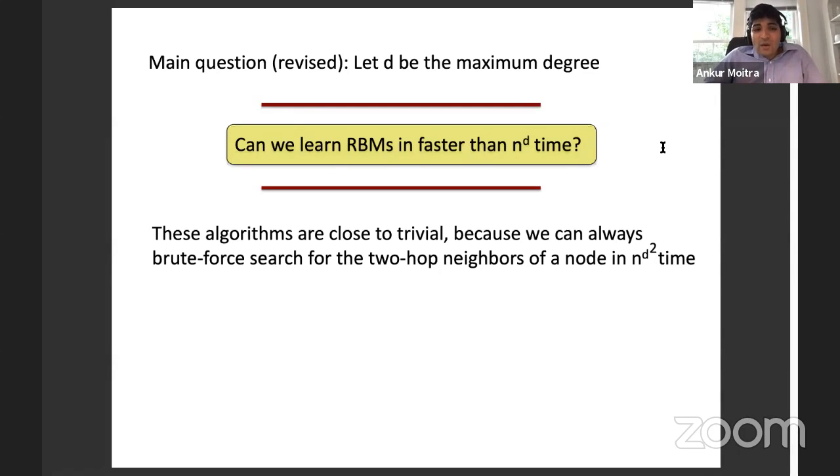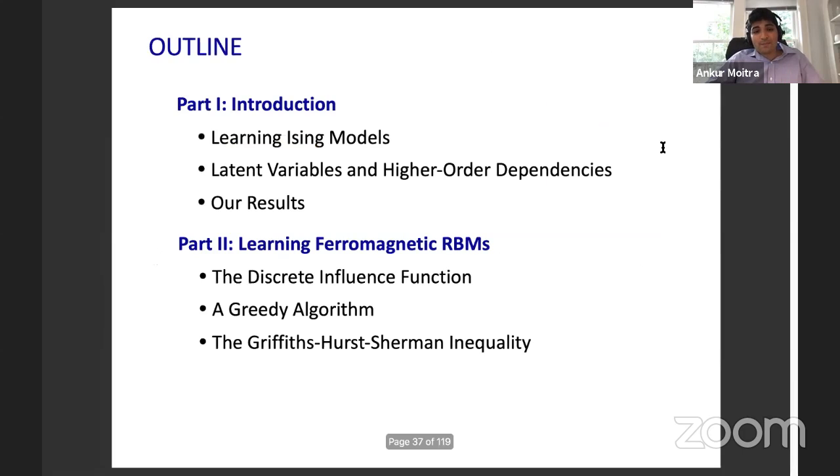I want to mention that the things you get from learning RBMs via MRFs are kind of trivial, because n to the d is basically what you would do if you brute force search for some kind of separator in your graph. It wouldn't be the neighbors, but it'd be the two-hop neighbors. So these things aren't particularly interesting when you look at them from the vantage point of RBMs.